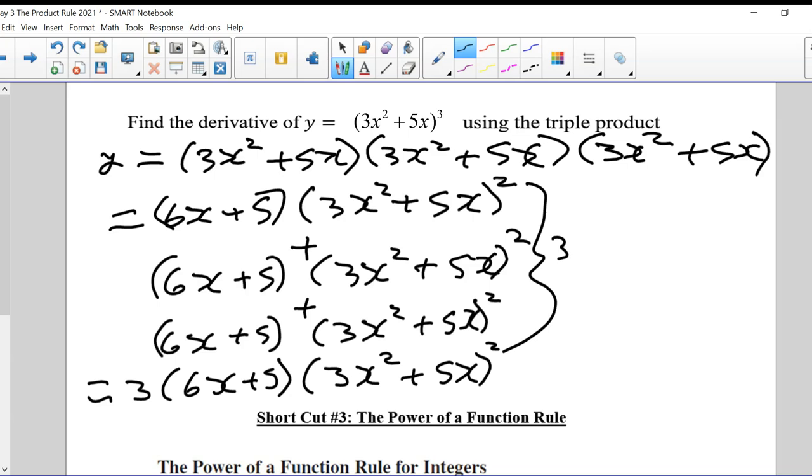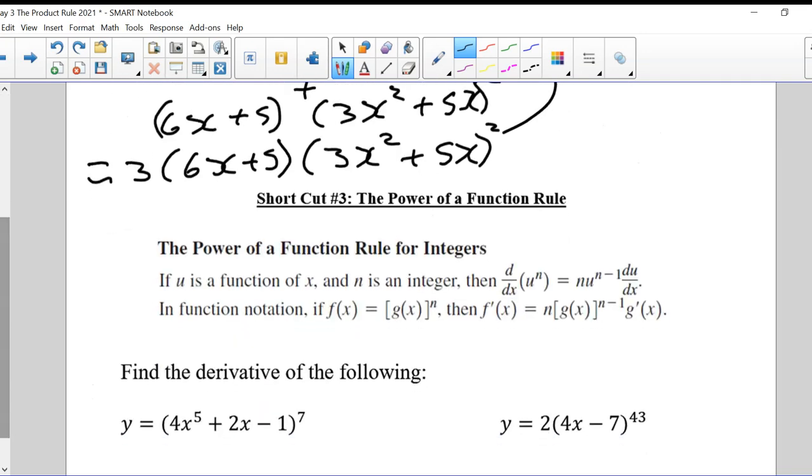It absolutely does. If I ever have a triple product, but it's really something cubed or something to the power of 4 or some other exponent, what could that maybe mean if I was trying to find a shortcut? Well, I will show you right now. The power of a function rule for integers says if u is a function of x, and I know it's not going to make sense right away, but we will make it make sense in a minute.